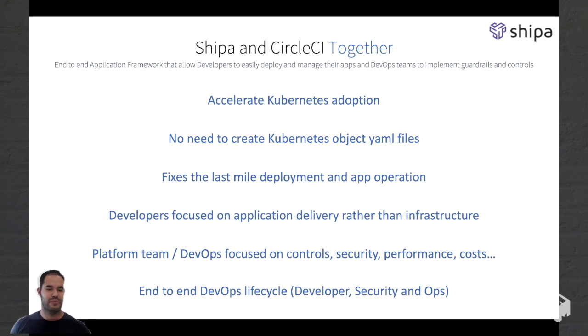We're allowing our developers to be focused on the application code delivery and updates rather than infrastructure objects. And the platform team or the DevOps team is now the focus on implementing controls, security, and guardrails. At the end, with Shipa and CircleCI together, you have an end-to-end DevOps lifecycle where you have developer, security, and ops together. So let's see what it looks like from a demo perspective.